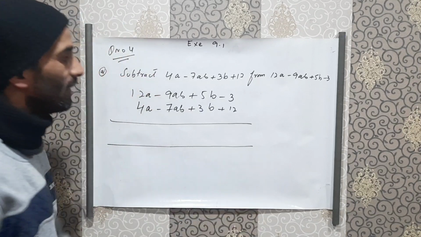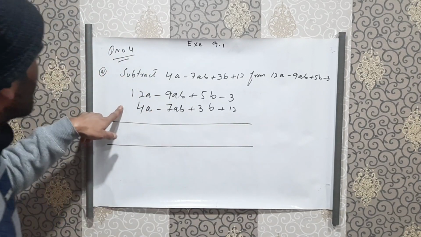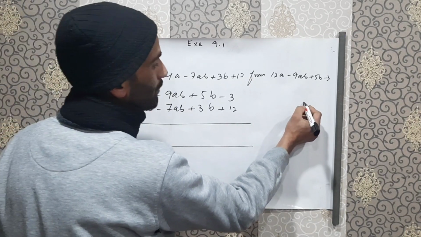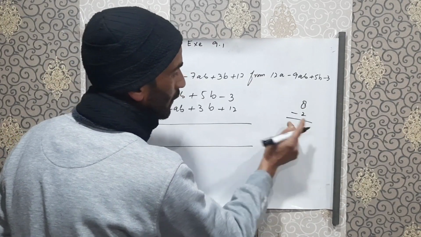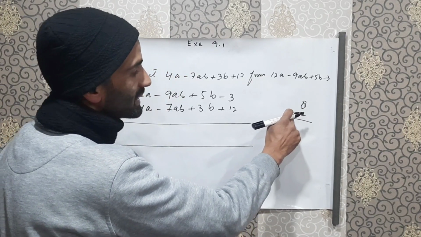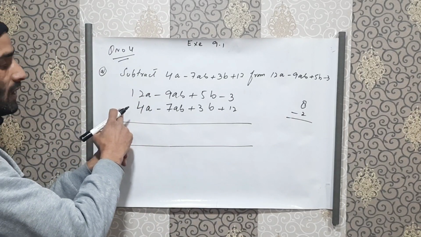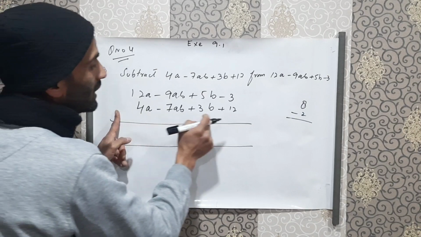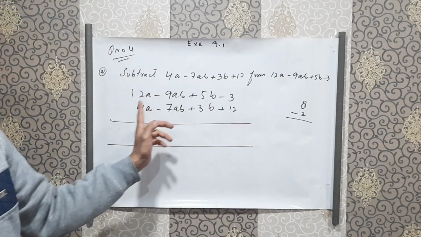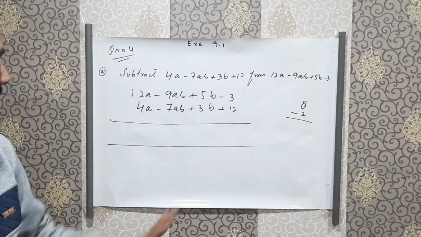But we have already learned when we have to subtract, for example, 8 minus 2. What are we using here? With the subtraction sign, in the same way we have to use it here, but with that negative sign we have to multiply all the terms of the algebraic expression.